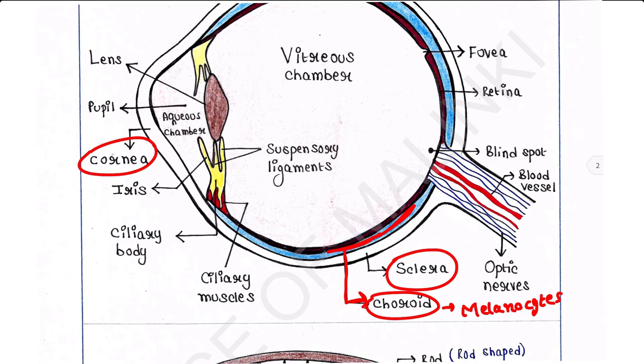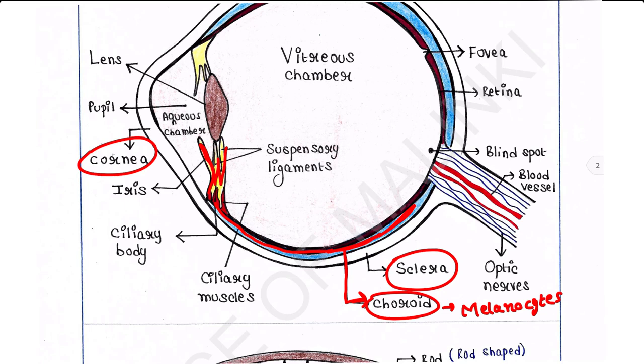But it becomes thick in the anterior part to form the ciliary body. So this is the ciliary body, you can see, and this layer is formed from the choroid. So choroid is a thin layer at the posterior end and it becomes thick at the anterior end, that makes the ciliary body.